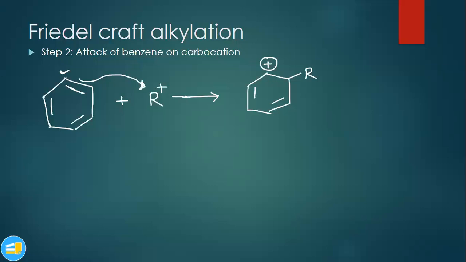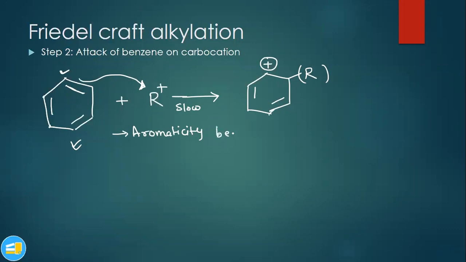This type of reaction is very slow. Why is it slow? Because during the process, aromaticity is being lost. Initially the benzene ring was aromatic, and due to attachment of this R group, the aromaticity of the benzene ring is lost.